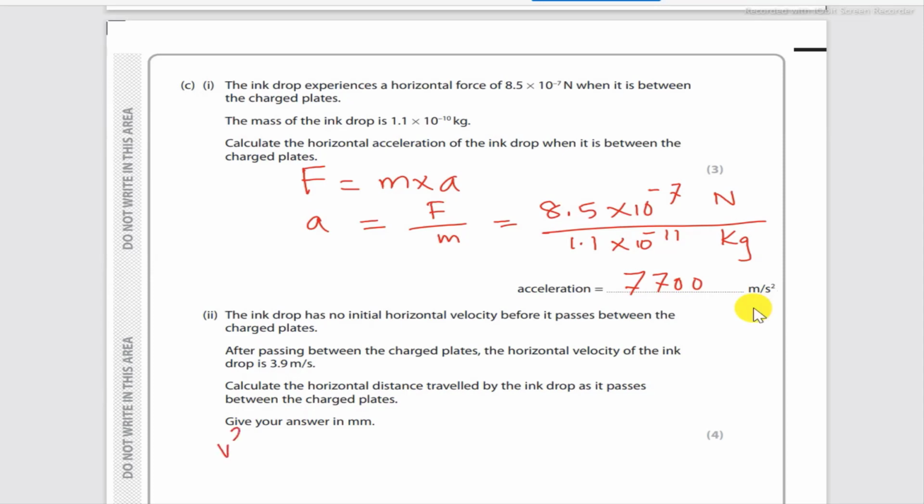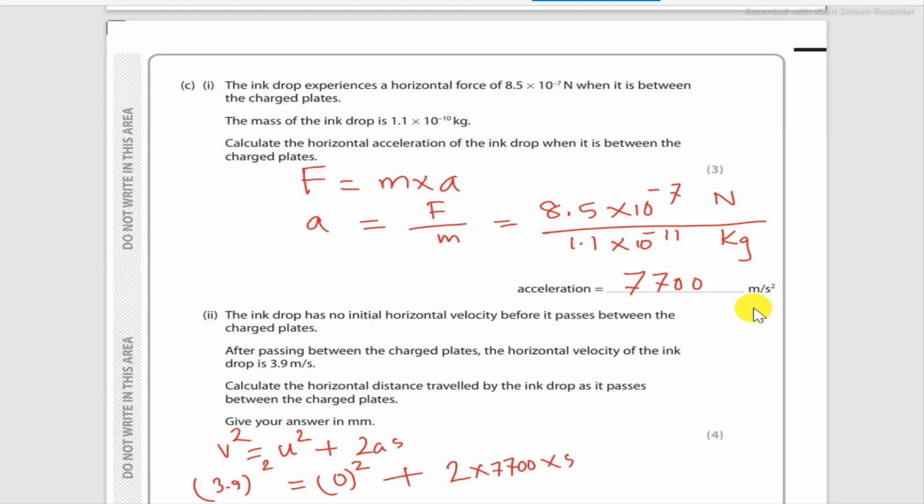We know v square equal to u square plus 2as. Final velocity 3.9 meter per second, initial velocity 0, and a is 7,700 meter per second square.